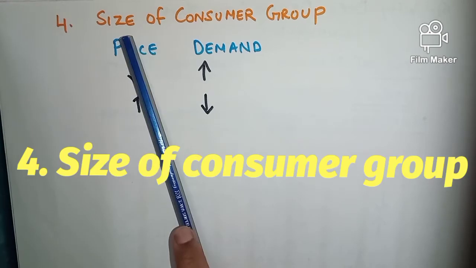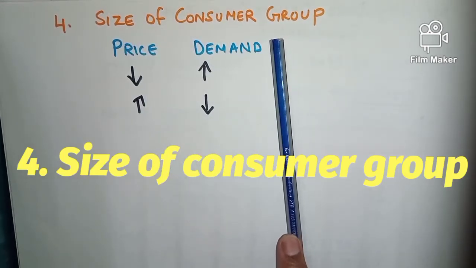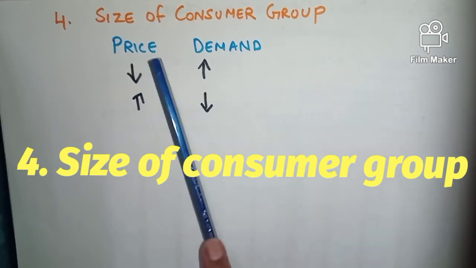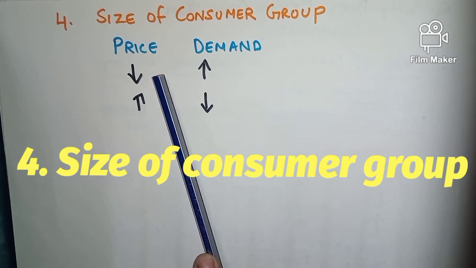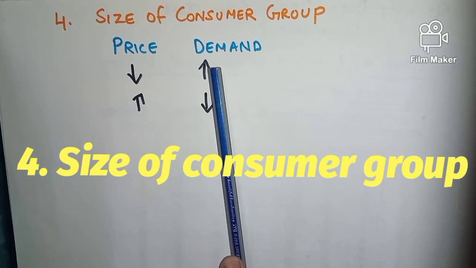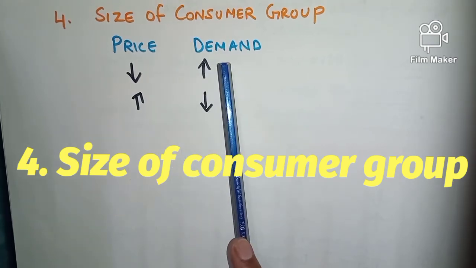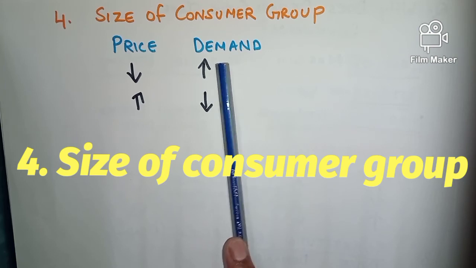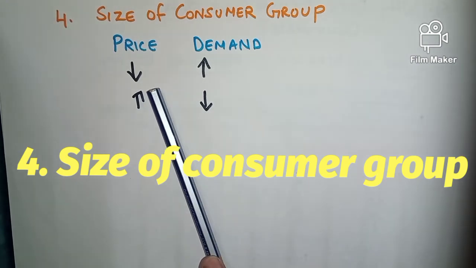Now the next one is size of consumer group. What is the meaning of size of consumer group? When the price of a thing falls, many consumers who were not buying it at its previous price begin to purchase it now, right? So the demand for the product whose price decreases will rise, because the demand will extend, as now more consumers are buying those commodities whose prices are falling, right?